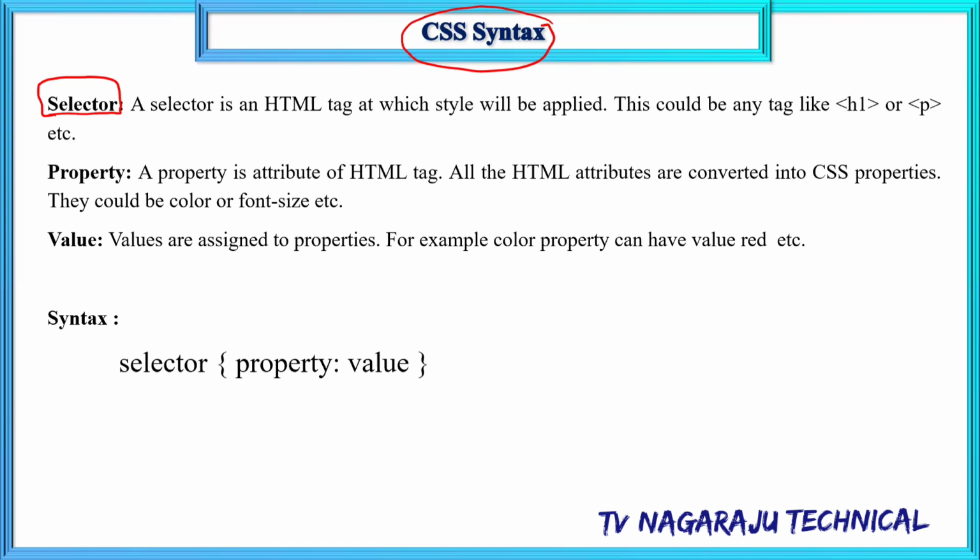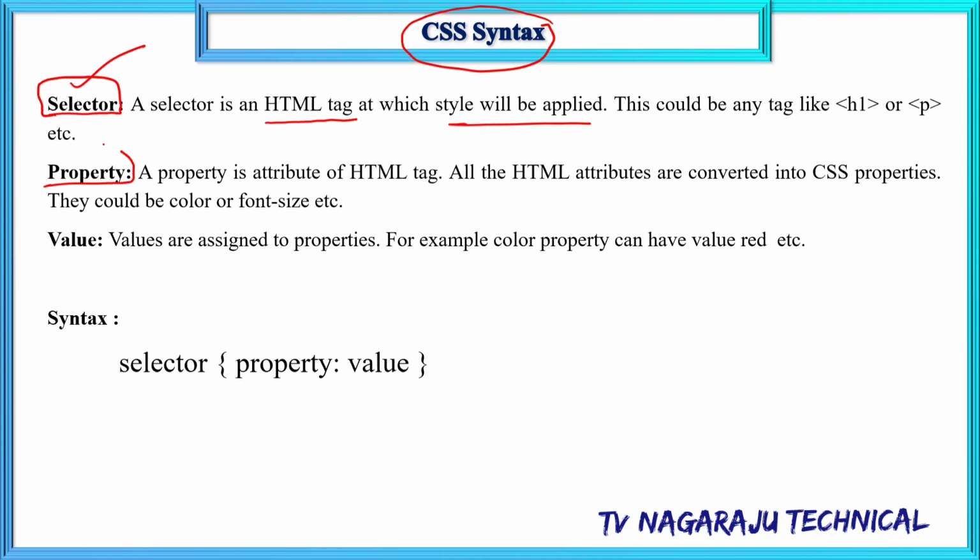So the selector is simply the element for which we are applying the style. Simply, selector is the HTML tag for which the style is applied. It can be any tag, either B tag, strong tag, table tag, TR tag, whatever it is. The tag that we are going to apply the style to is called the selector.